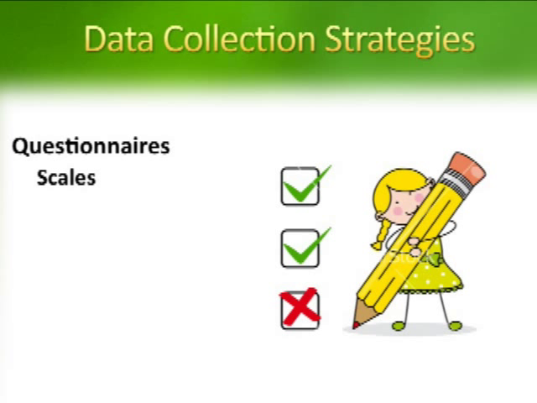With interviews, the advantages are the response rate is very high, all can participate, the interviewer knows who is answering the questions, clarification is possible, the researcher can control the order, and you can obtain more complex data.